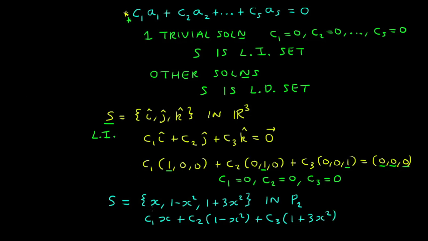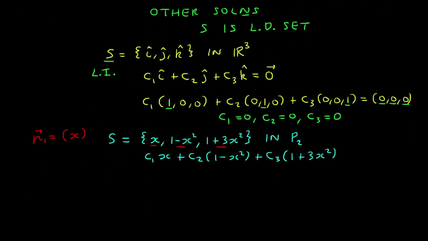And you can think of these polynomials as each being a vector with one component. So for example, polynomial 1 would be the vector with the component x. We set this equal to 0.